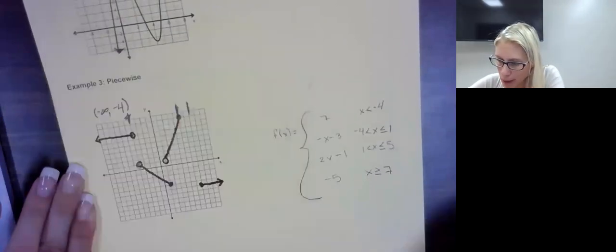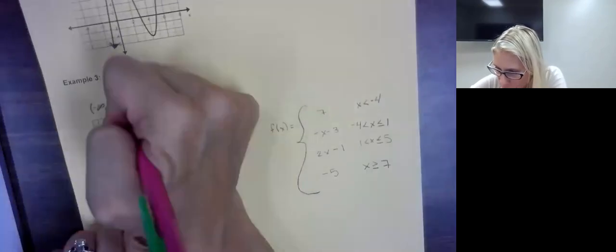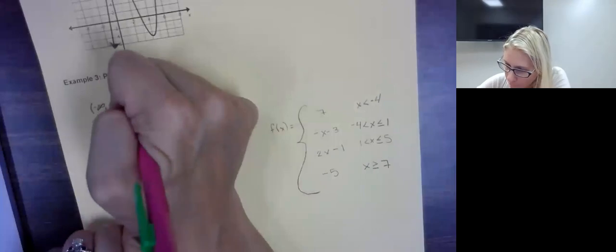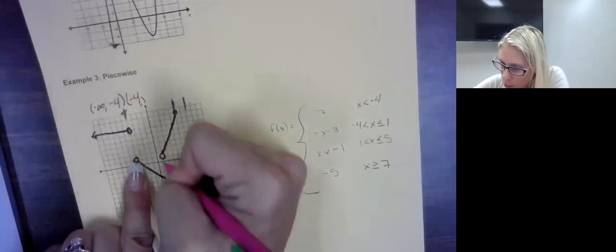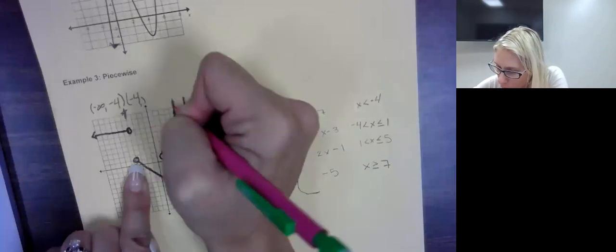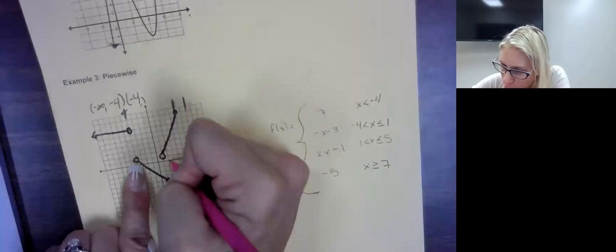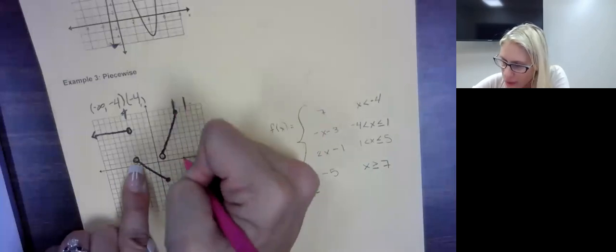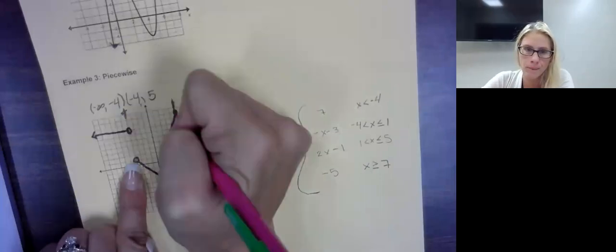Then I'm going to start right back there. And I'm going to go all the way. And as you can see, there's no issue until right here, right? So what value is this? We go 1, 2, 3, 4, 5. So negative 4 to 5. Now it's filled in. So that is a bracket.